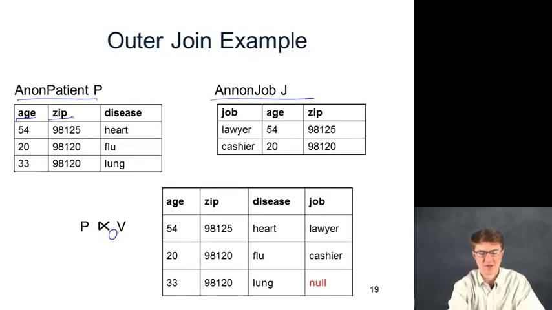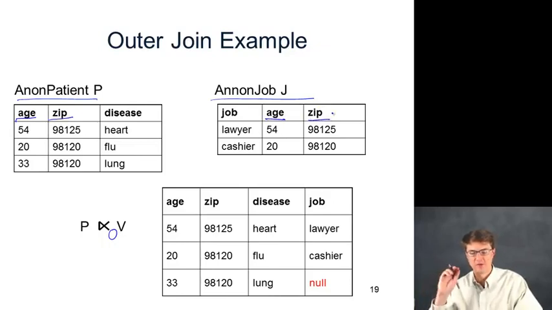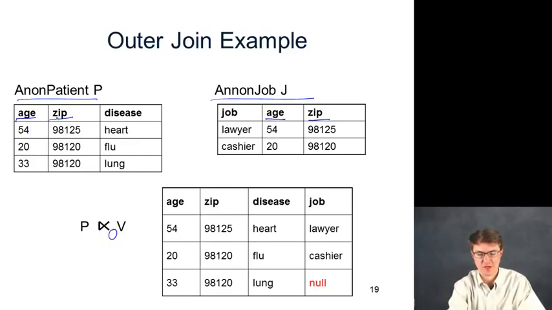This has an age column and a zip column, and this has an age column and a zip column. So it's actually on both of those columns. For every tuple in P, find me a corresponding tuple in anonymous job J, where age equals 54 and zip equals 98125.